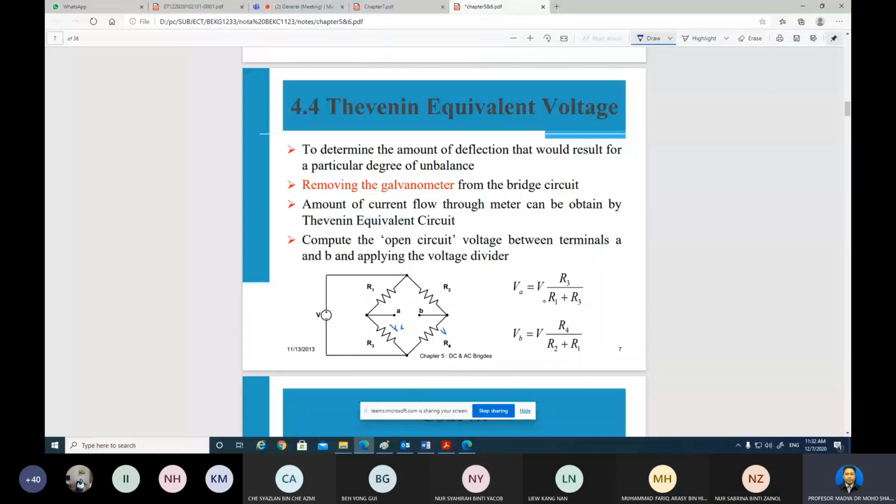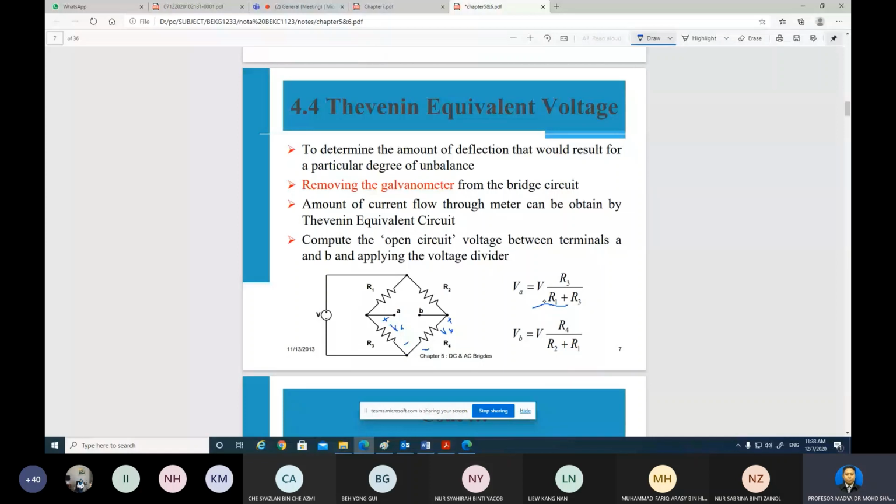To calculate the voltage VA: R3 divided by R1 plus R3, multiplied by V. Then to calculate VB: R4 divided by R1 plus R2, multiplied by V. This is to calculate the voltage at this point, VA, and at this point, VB. This is the standard formula for the voltage divider rule.